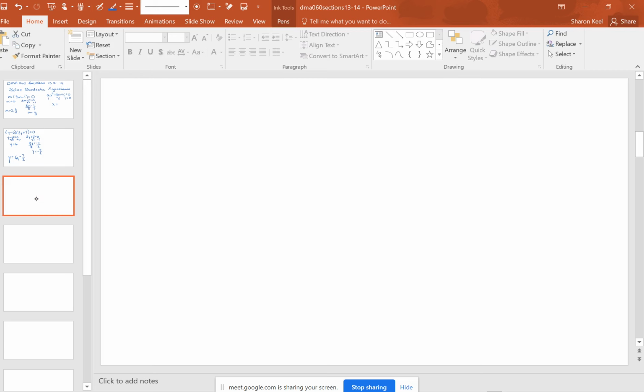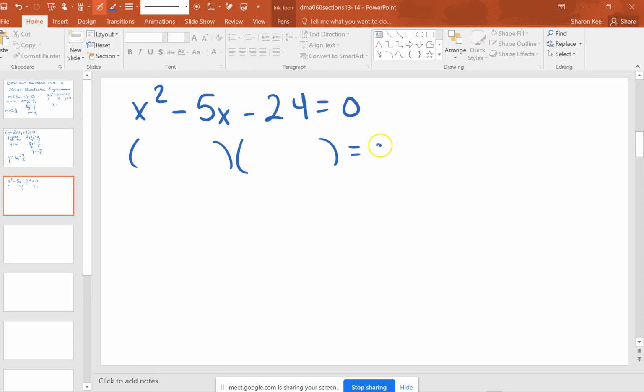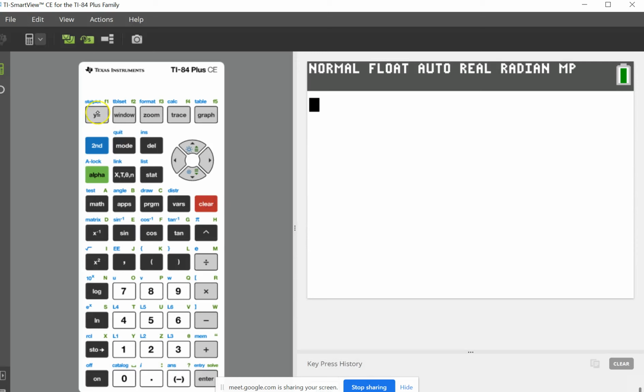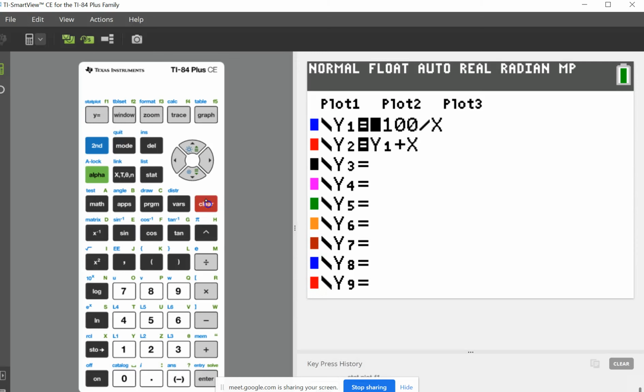Now, you will ultimately have a problem such as this: x squared minus 5x minus 24 equals 0. So in this, you're back to solving quadratics like we've done in the past. And I'll review that in just one second. So let me pull up the calculator. If I go to y equals, notice I already have y1 plus x on the second row.